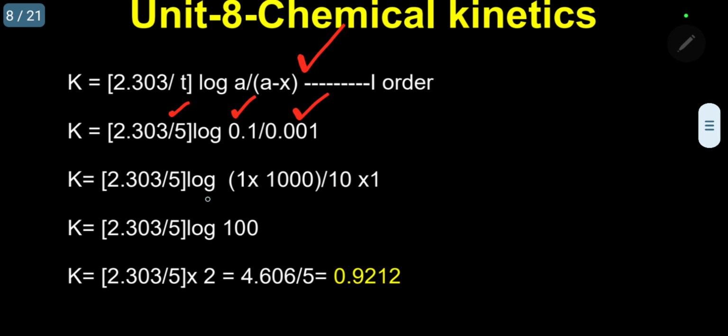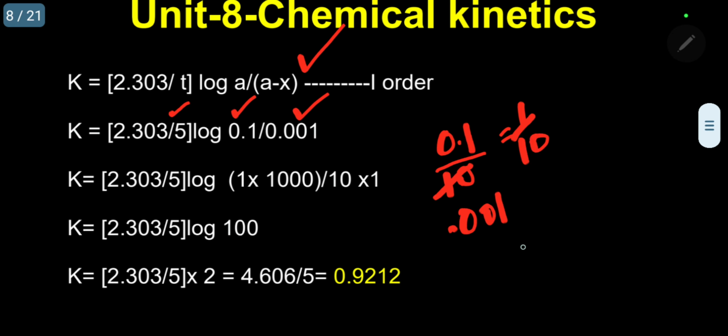After substitution, I am summarizing this: 2.303 divided by 5 into log within bracket. 0.1 I can write in this form, 1 by 10. In the same way, 0.001 I can write as 1 by 1000.